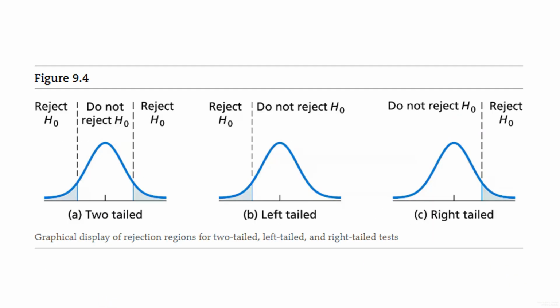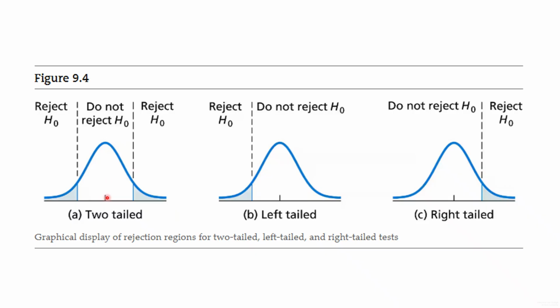And this is a graphical display of the rejection regions for two-tailed tests on this side, left-tailed, and then right-tailed tests. For a two-tailed test, the null hypothesis is rejected when the test statistic is either too large or too small. The rejection region for such a test consists of two parts, one on the left-hand side and one on the right-hand side. So if your test statistic falls within here, you do not reject H0.